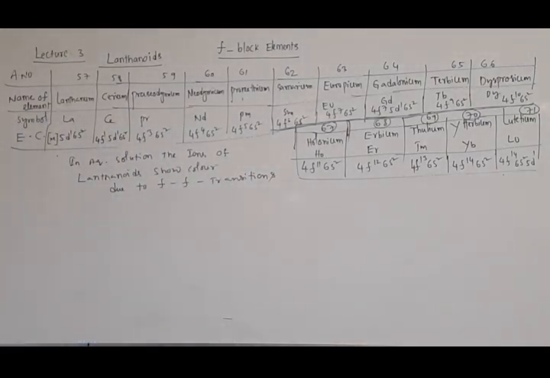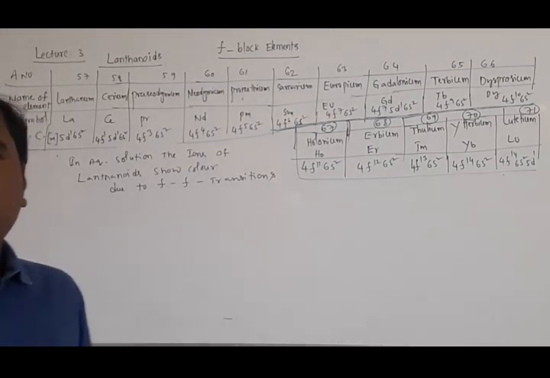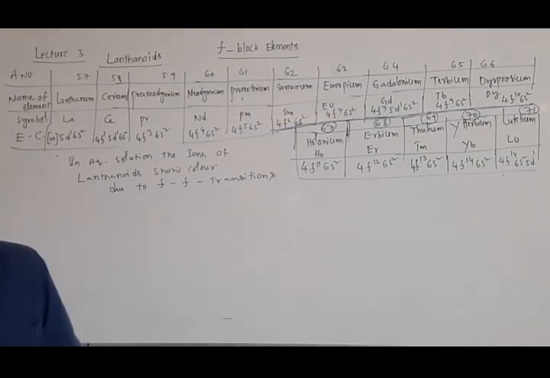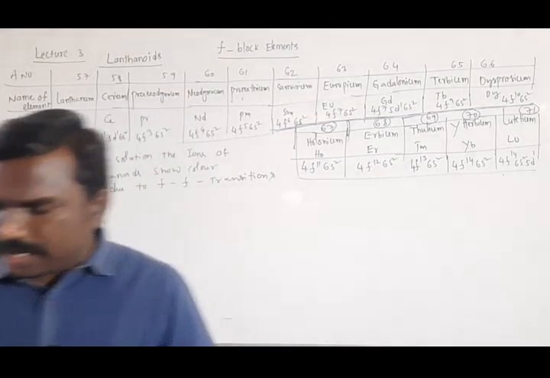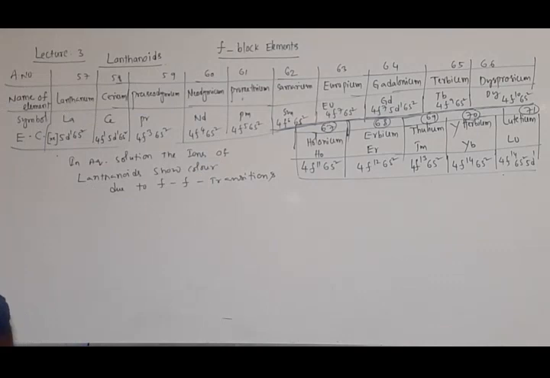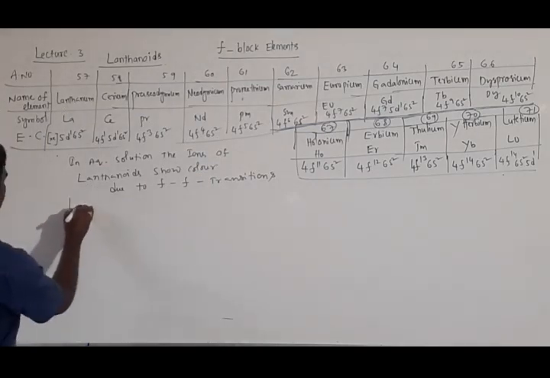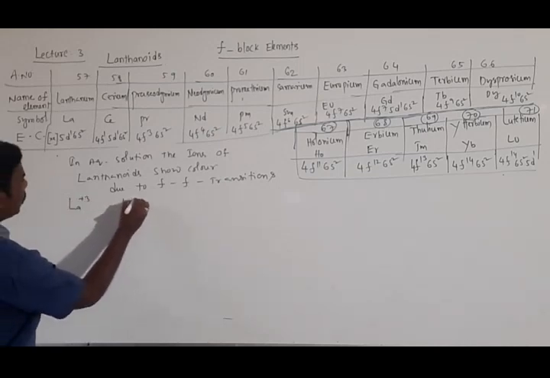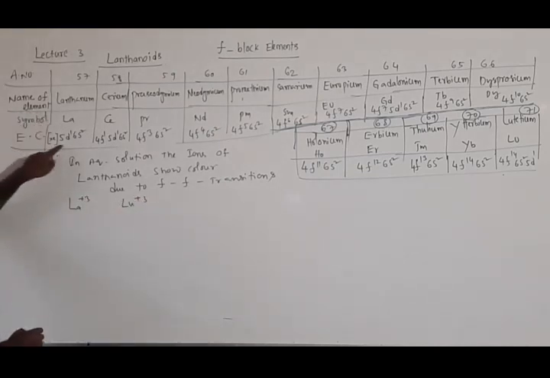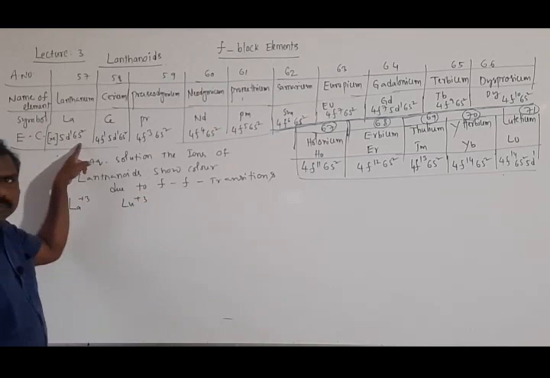Next, after that, examples for colored ions. First one, La+3 and Lu+3, lanthanum plus 3 and lutetium plus 3. Lanthanum configuration 5d1 6s2.